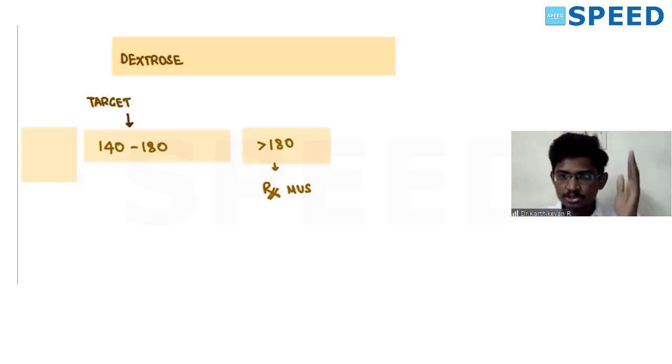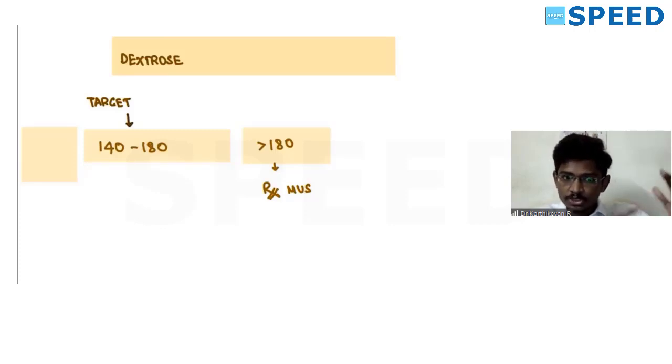So hypoglycemia should be taken as an emergency in these patients and should be treated. Next, hyperglycemia. 140 to 180 should be your target blood glucose. If it is more than 180, even hyperglycemia can cause advanced glycation end products and free radical production.